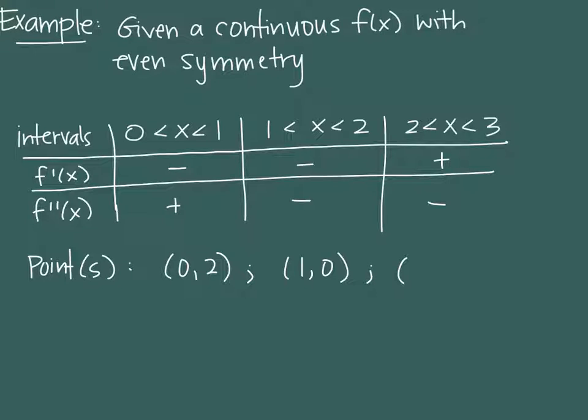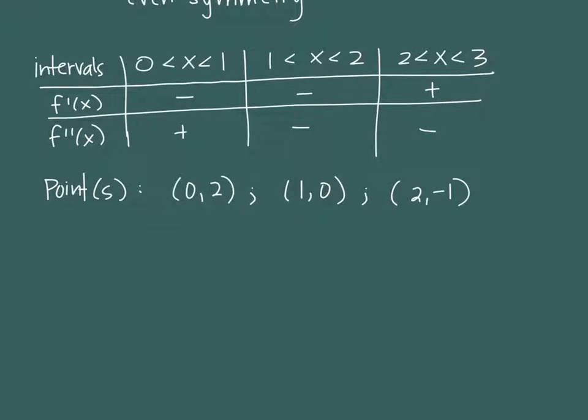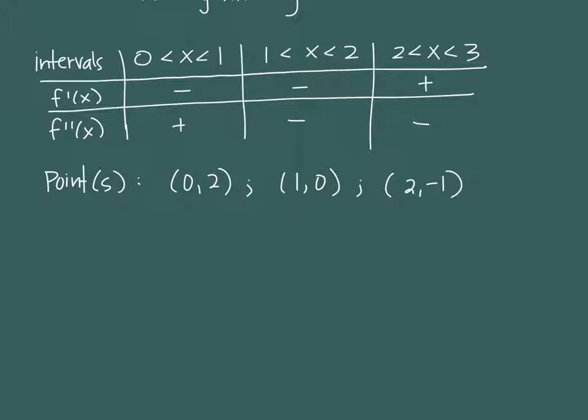And it needs to go through the point 2, negative 1. And so then your job would be to create a continuous function with even symmetry that goes through those following points that also has the plus minus things that you need.